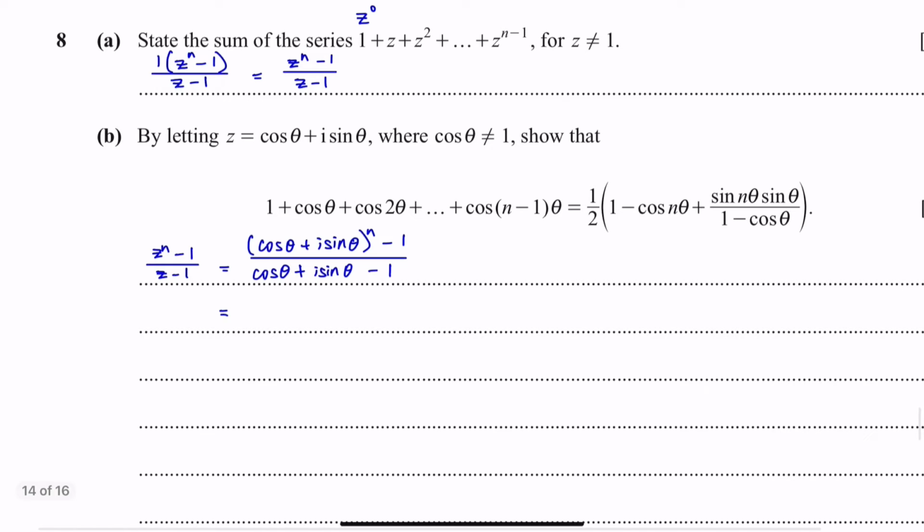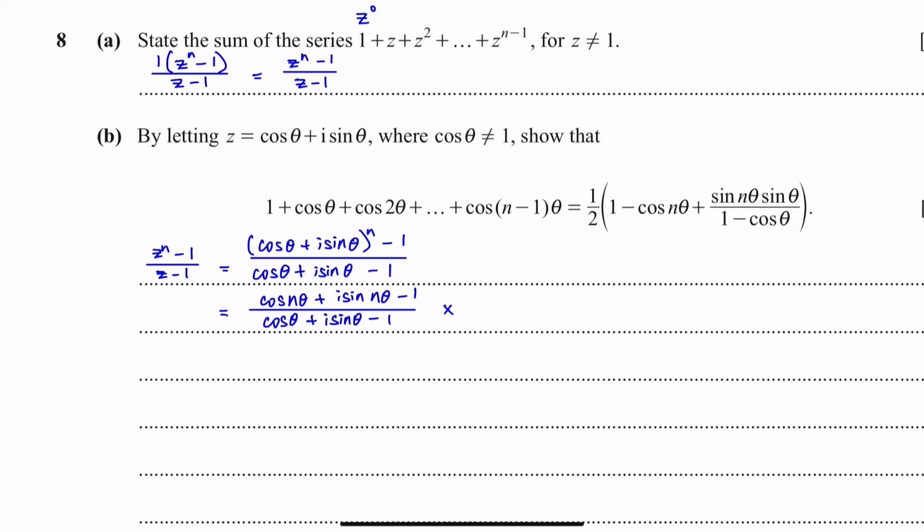So we can first write this part as cos n theta plus i sine n theta minus 1 over cos theta plus i sine theta minus 1.